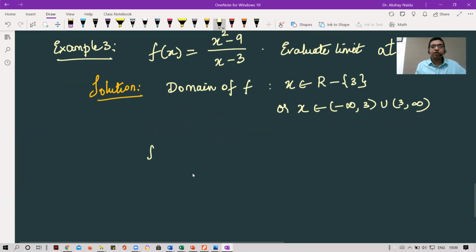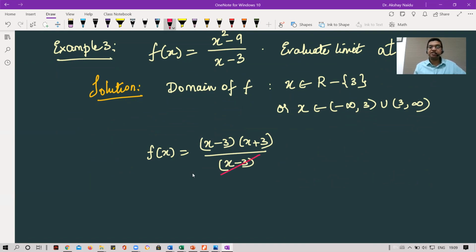So now f of x can be written as x minus 3 into x plus 3 by x minus 3. Now you can cancel this x minus 3 only since x is not equal to 3. If x equal to 3, then this becomes 0 upon 0.